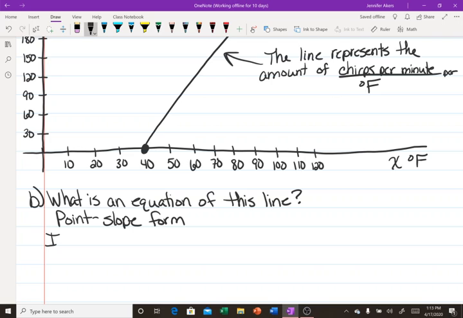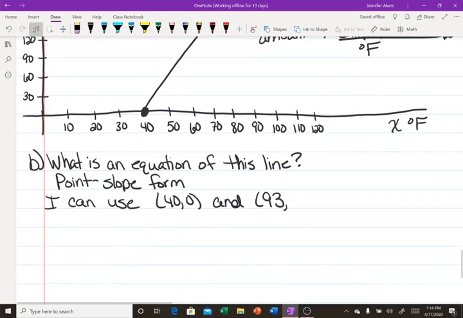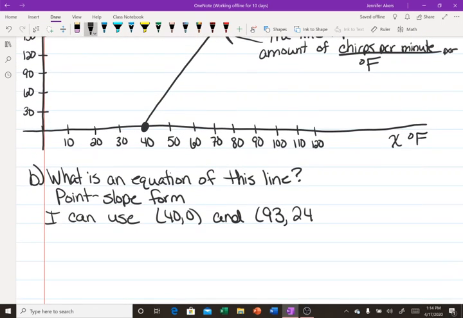Because I can use 40, 0, and 93, 240, to find m.